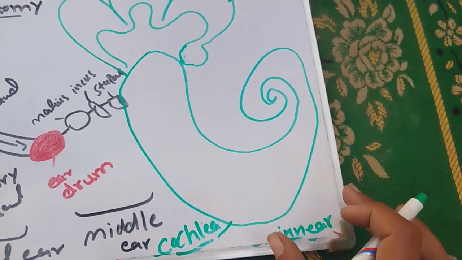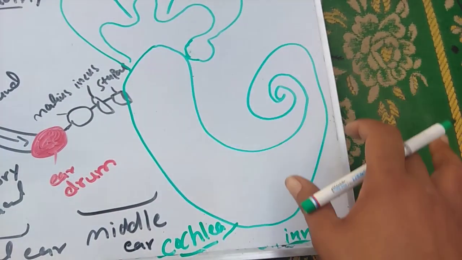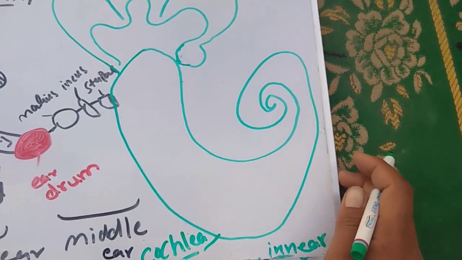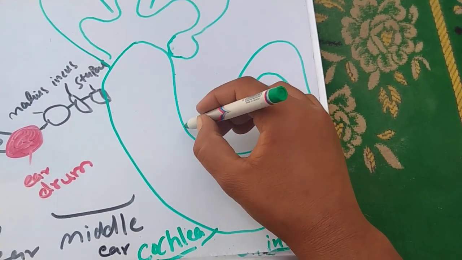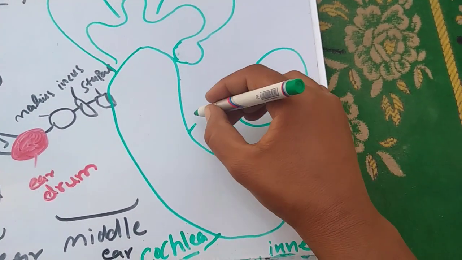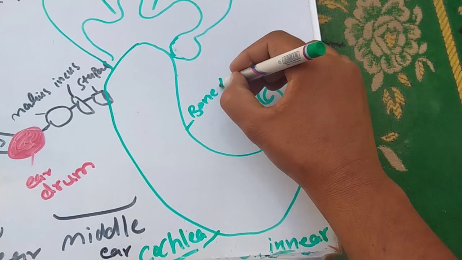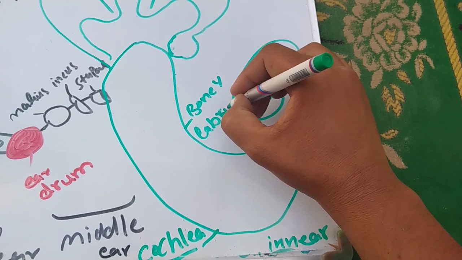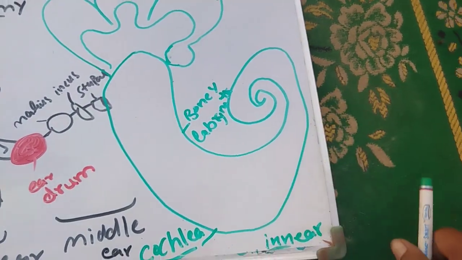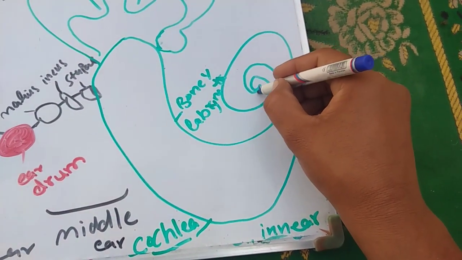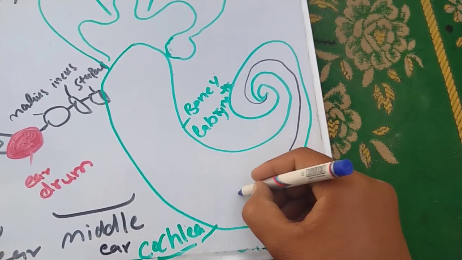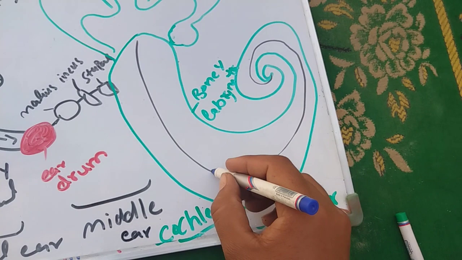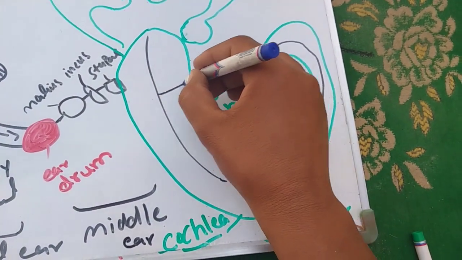The inner ear's outermost covering is called the bony labyrinth, and internally it is the membranous labyrinth.